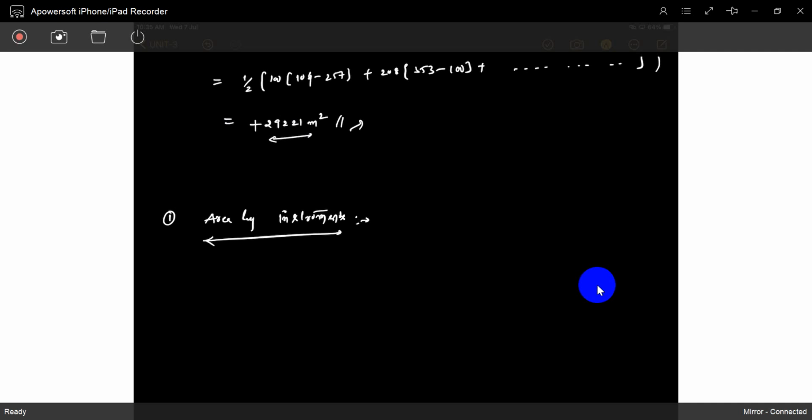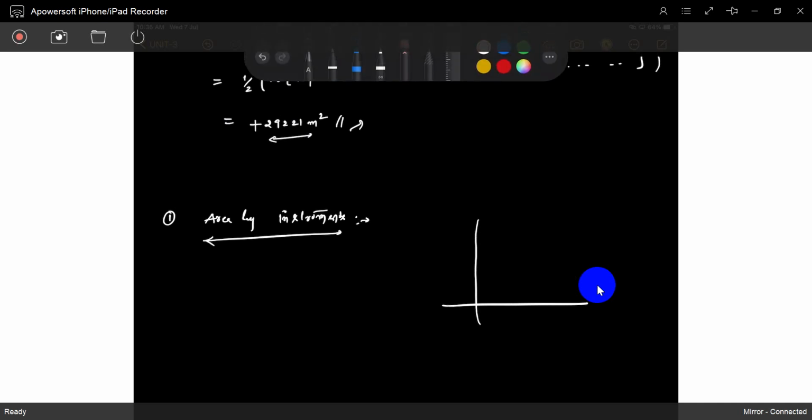If you draw a plan, something irregular, on paper, then you can easily find out the area. How? By planimeter.